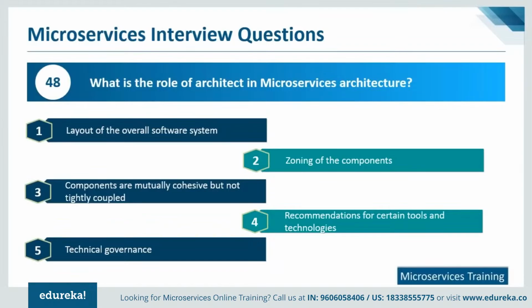He zones out all the components or plans where all the components should reside and how they should work, whether they are mutually cohesive and how loosely coupled they are. He's also responsible for deciding or helping plan what tools to use where. Plus, there's technical governance, which he needs to take care of. So these are some of the roles that an architect takes care of.